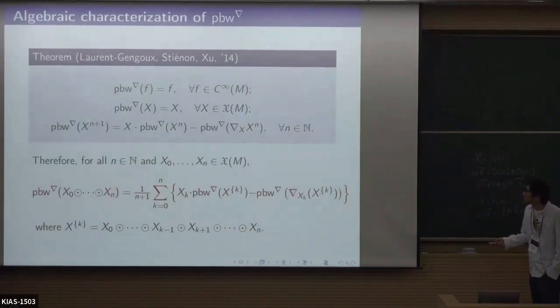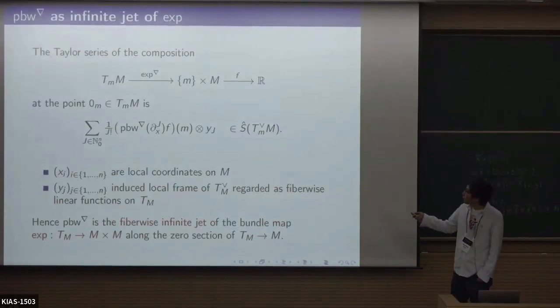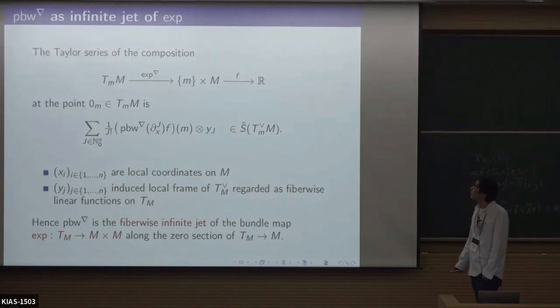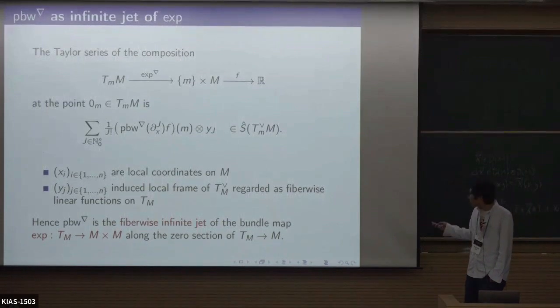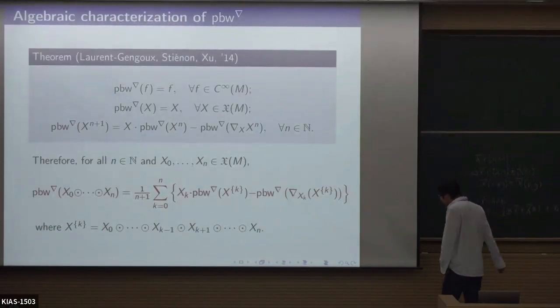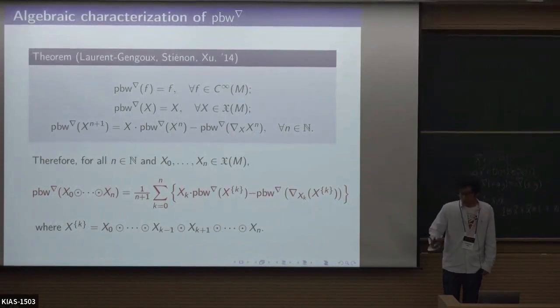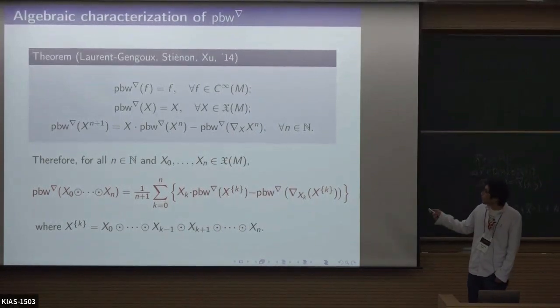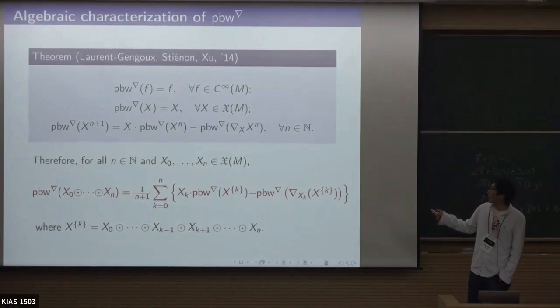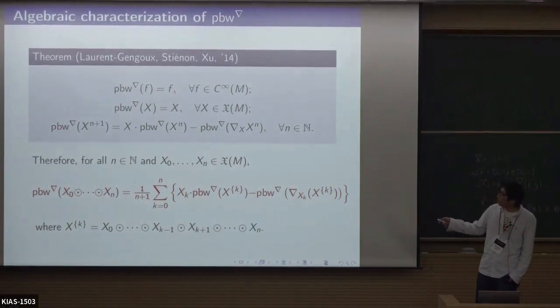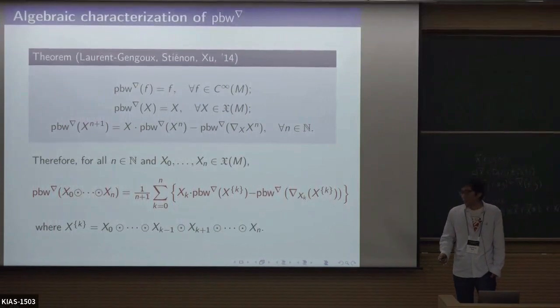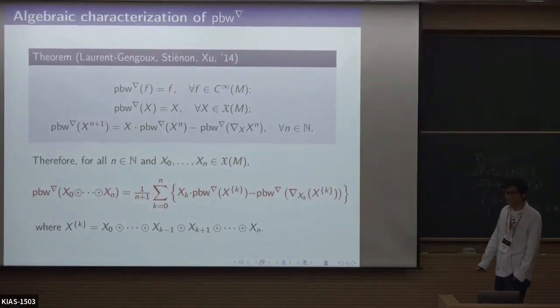All right, so we looked at this geometric interpretation, the geometric construction of the Poincaré Birkhoff Witt map, but this can be completely characterized in terms of algebra. No need to have any geometry involved. Laurent-Gengoux, Stiénon and Xu showed in 14 that this PBW map is completely determined by a recursive formula for the image of x^(n+1), the n+1 tensor of the same vector x.